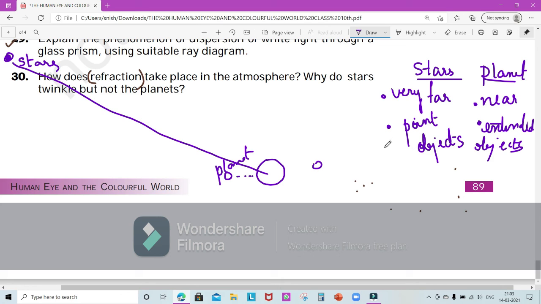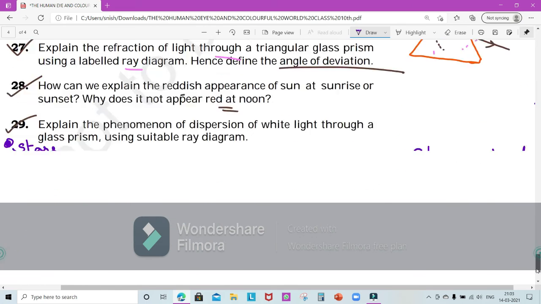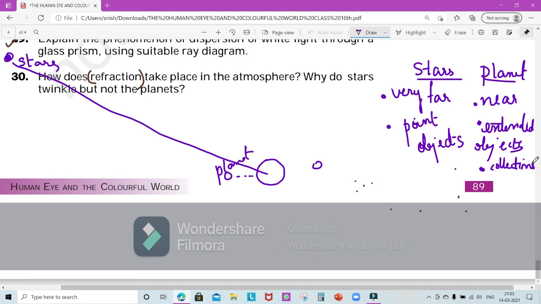And also you can explain that a planet is a collection of point sources of light. If this is the entire planet, you can say it is a collection of many point source light objects.